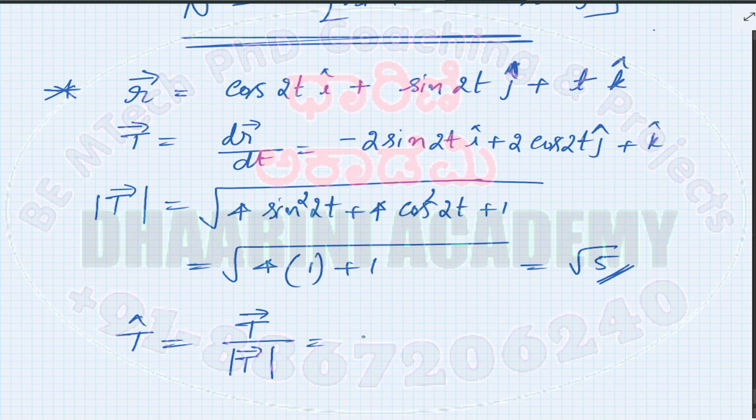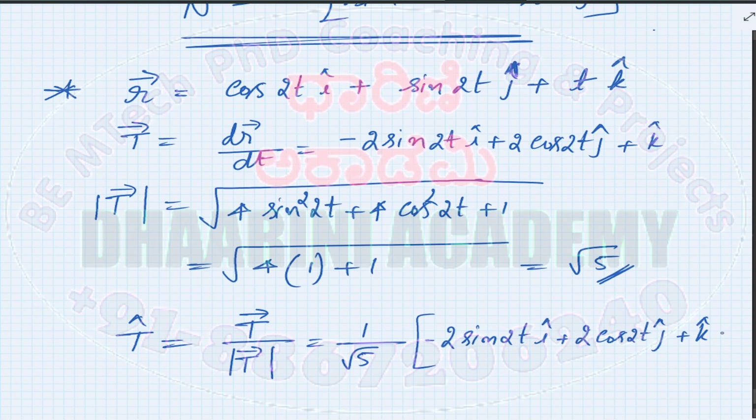I have to divide this by root 5, so 1 divided by root 5 into that vector, minus 2 sine 2t into i cap plus 2 into cos 2t j cap plus k cap. So this is what you get as t cap now.